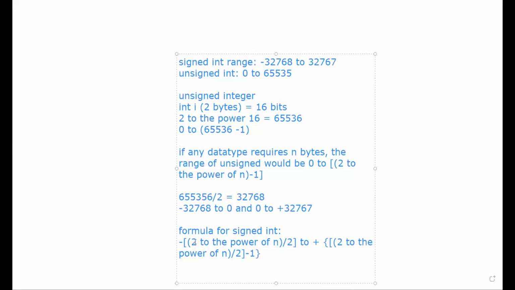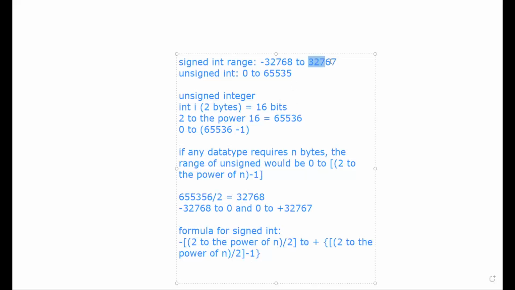So I'll just repeat with this formula, try to take the example. Since this is integer and this is signed, this is 2 power 16. 2 to the power 16, if you evaluate this, is 65,536 divided by 2. This will come over here as 32768. So this is the range, 32768. Now this 2 will come over here.